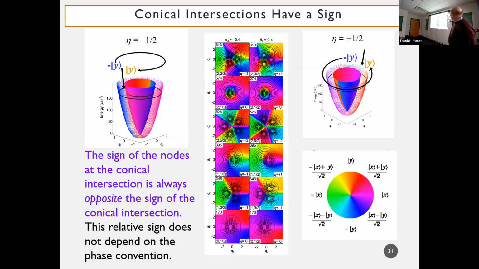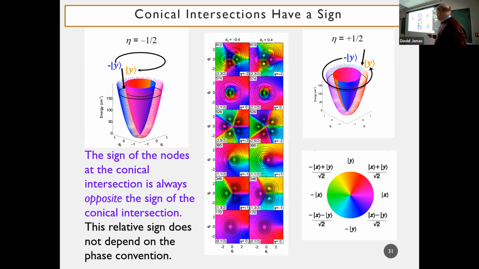And if I want to do it here, it's counterclockwise to go counterclockwise. So I have a positive index of 1/2. And you can see that these two conical intersections flip the indices of every one of these eigenfunctions, right? So there's a connection here between what you might call the sign of the conical intersection and the index of the eigenfunctions that results, right?